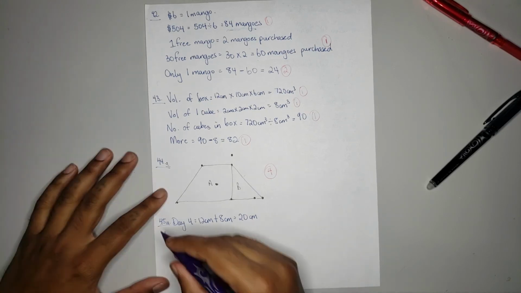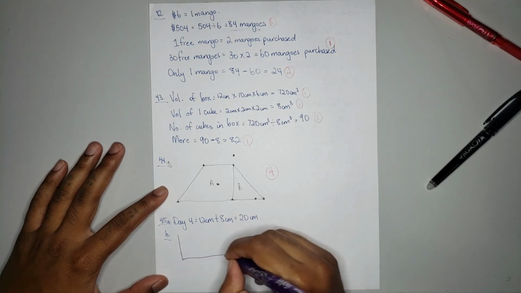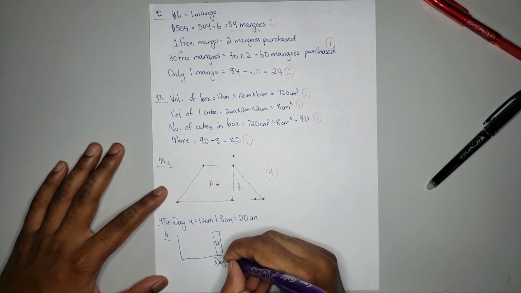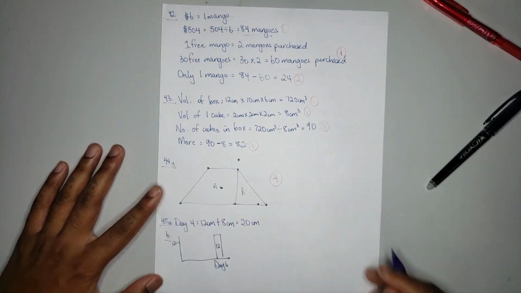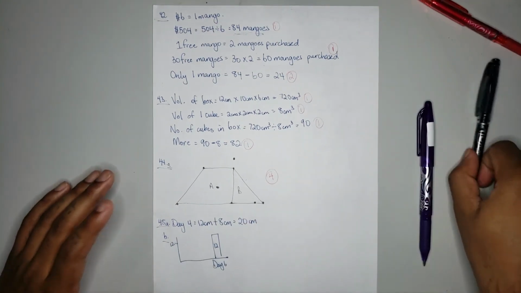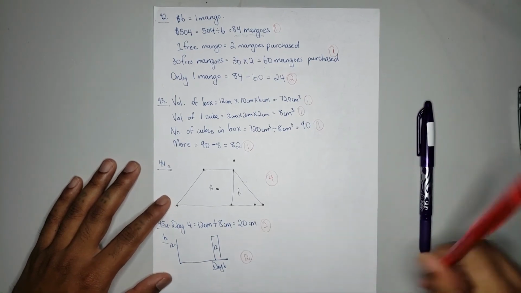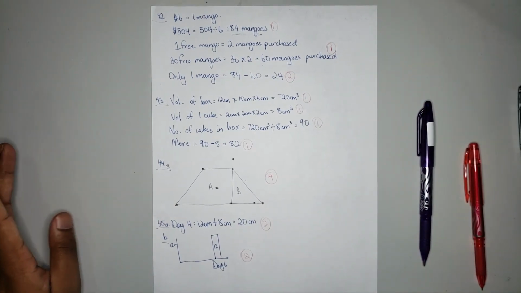So you need to draw the bar to represent 12. Alright, and the marks are awarded 2 by 2. And that is the end of section 3.